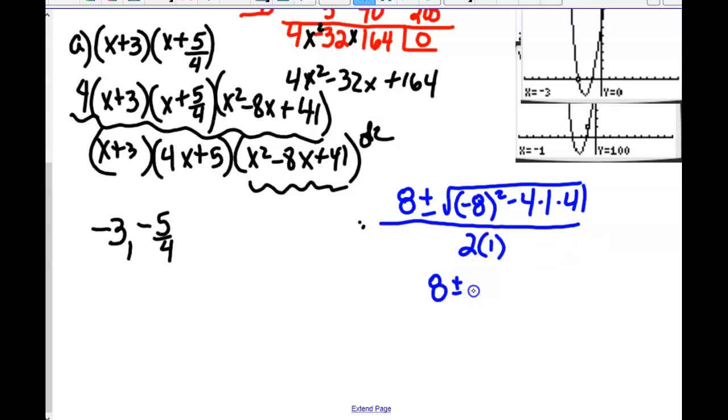Okay, it's 48. Square root of negative 48? It definitely isn't positive, guys. 8, this is 64 minus 164, isn't it? Yeah. So that would be negative 100. Is it negative 100?